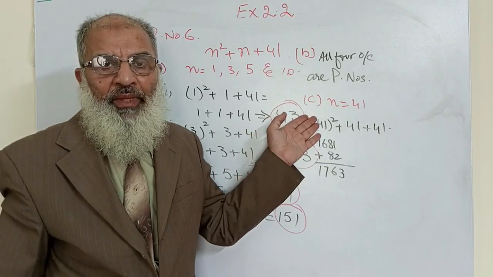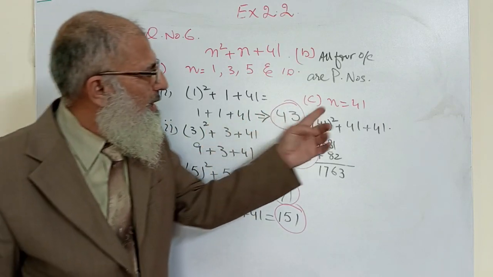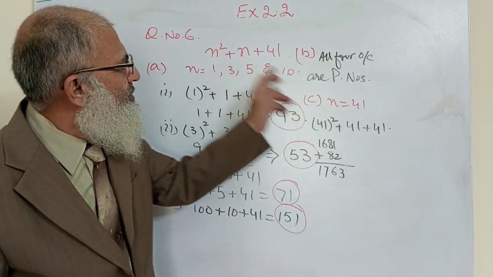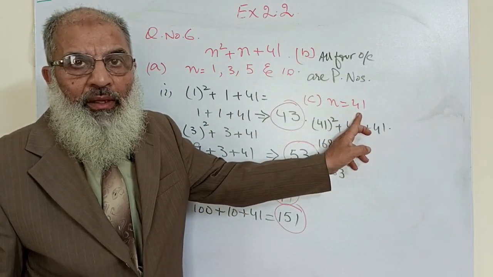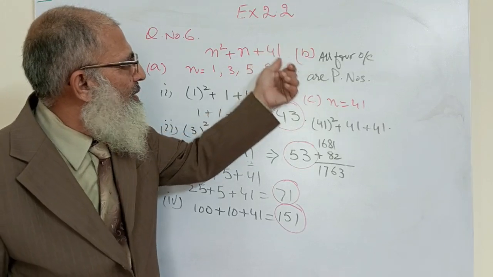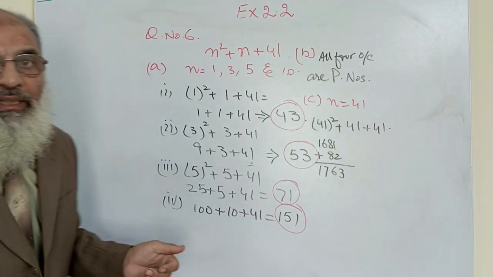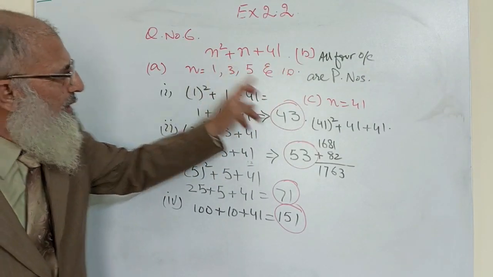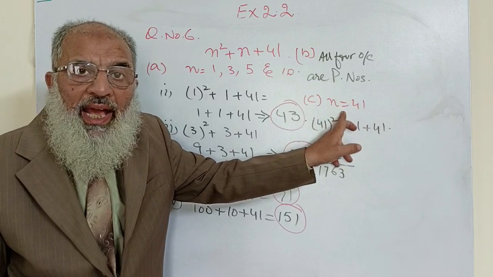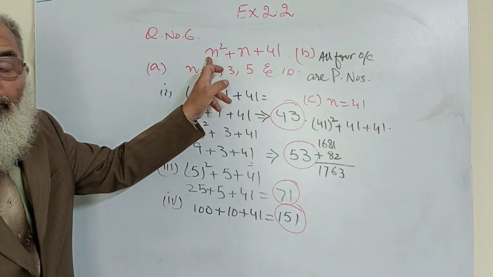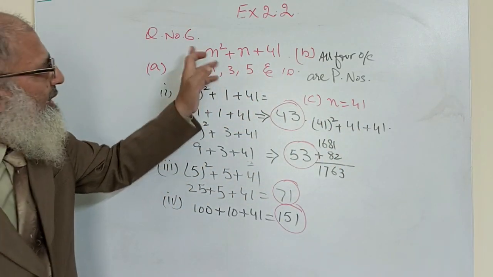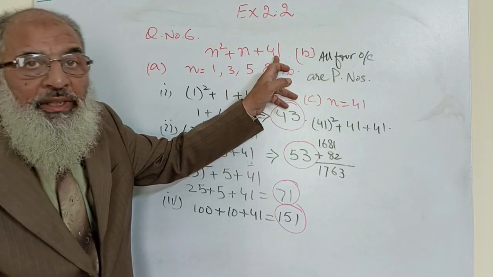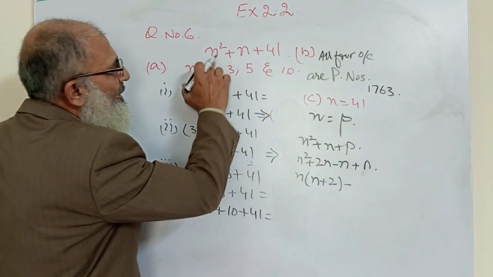So in part C, what the author has asked us about is if n is equal to 41. Now you see that this constant number here is 41 also, and we have to manipulate 41 as well over here. So that means that n is now equal to this number. n is equal to 41.